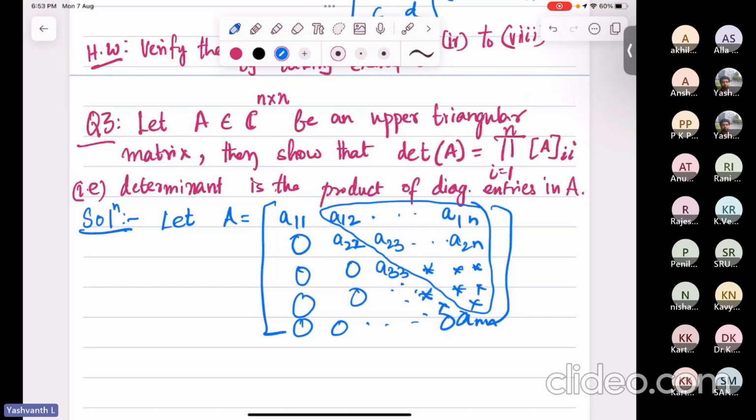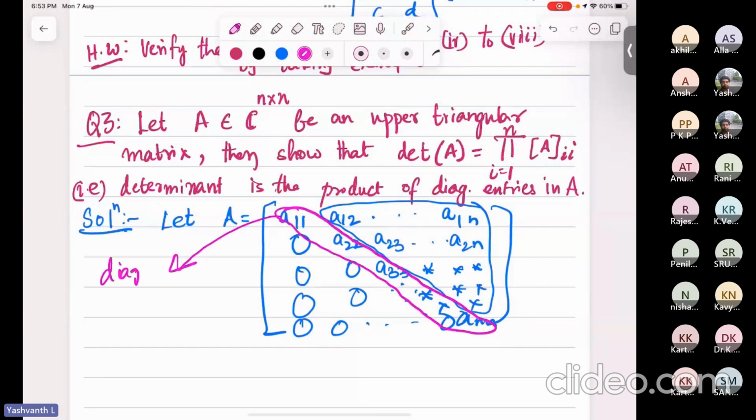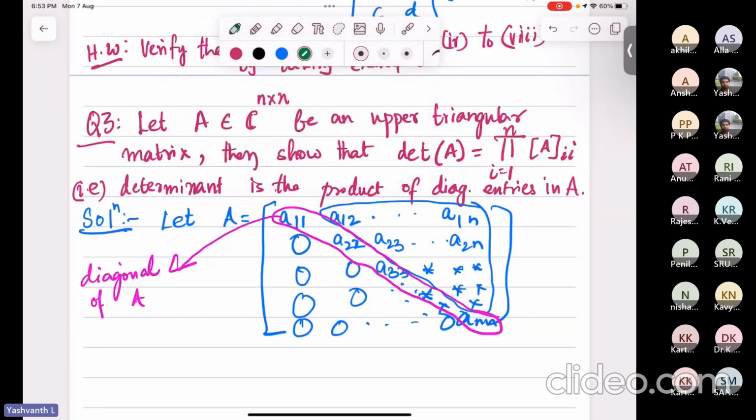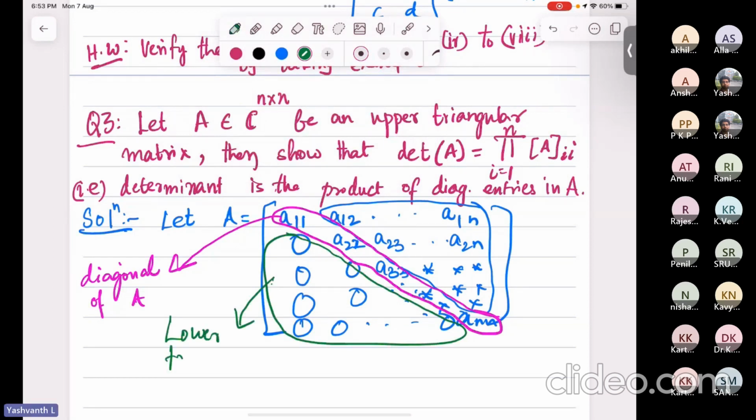Okay, so let me mark it separately. This is the diagonal of A. Then this part is called lower triangular, and this is called upper triangular.